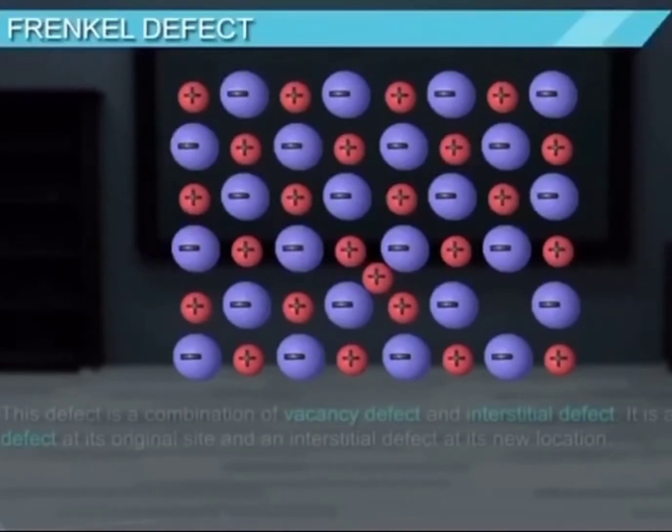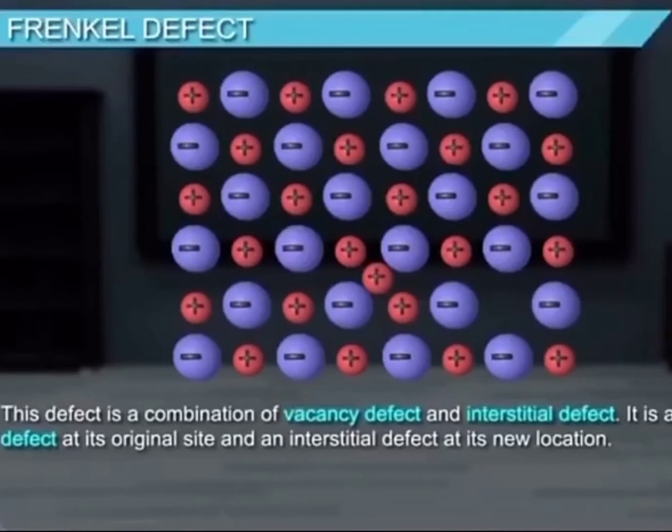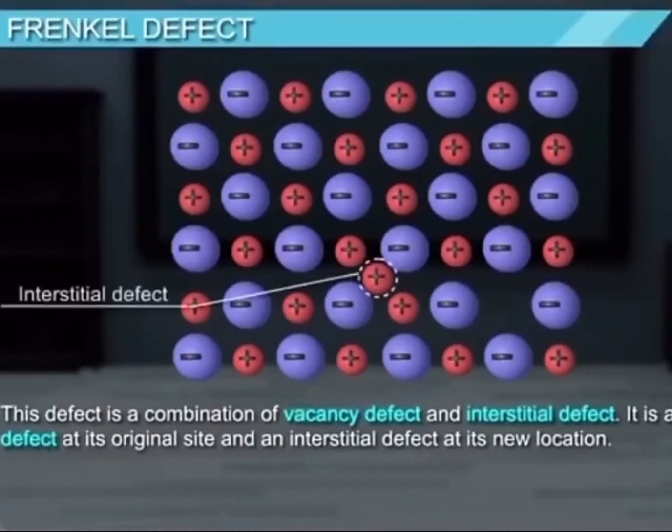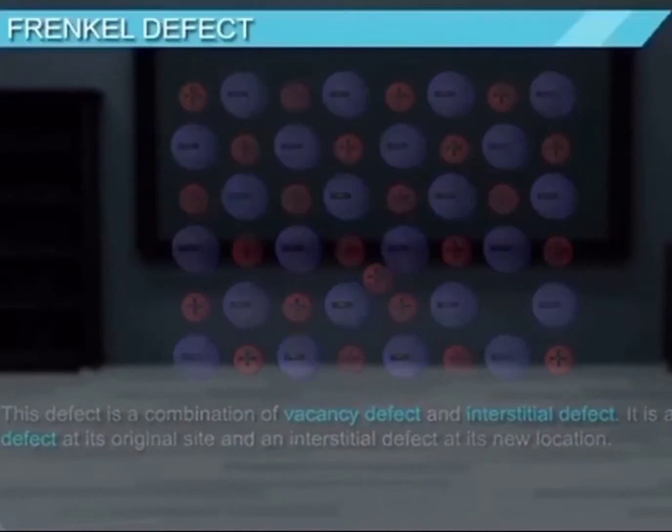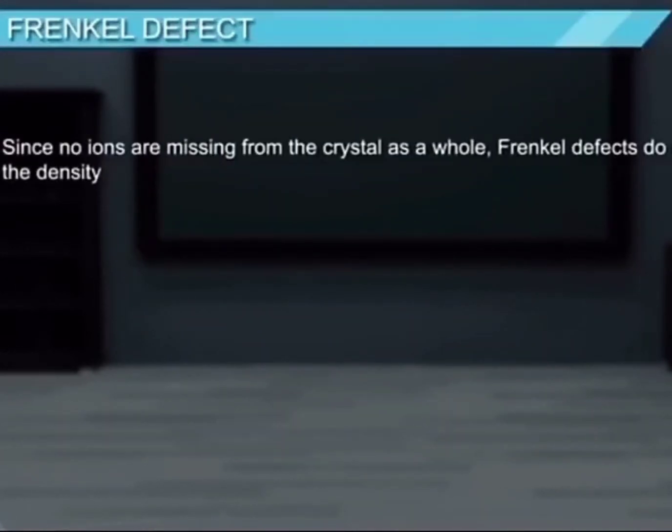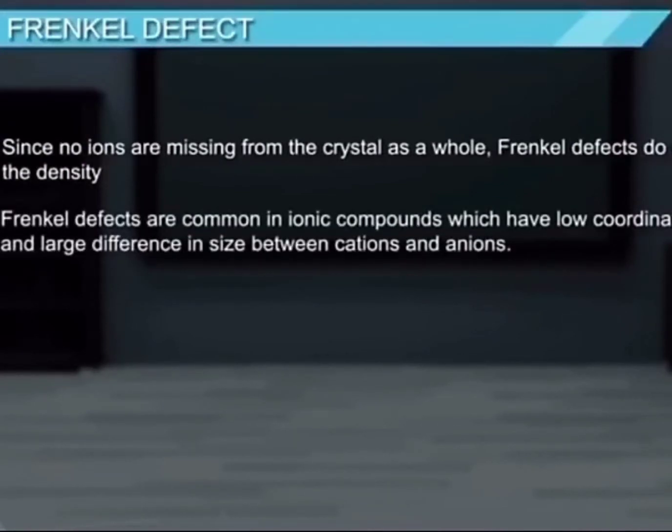Frenkel defect is also known as dislocation defect. It does not change the density of the solid. Frenkel defect is shown by ionic solids in which there is large difference in the size of the ions.